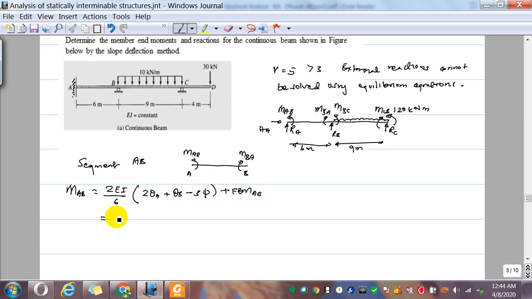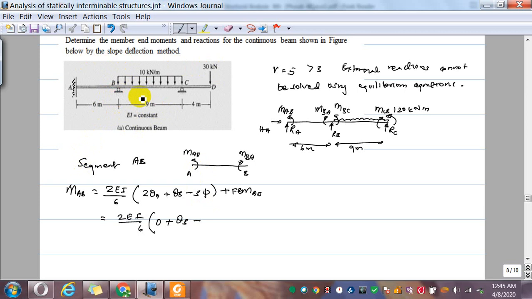Now if I rewrite this, EI over 6, and what is theta A? Theta A is the slope at A. There cannot be any slope at A because it's a fixed support, so theta A is going to be 0. Theta B, there will be some slope at B because it's a pin, so it can rotate. And 3 psi appears if you have any settlement of the support.